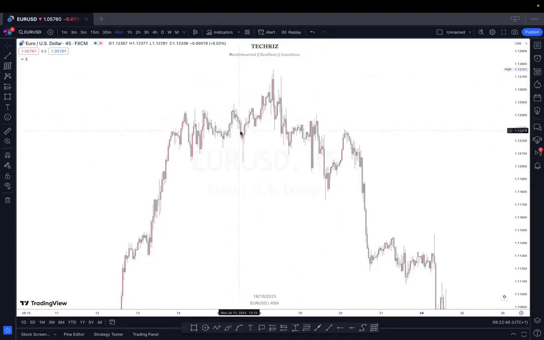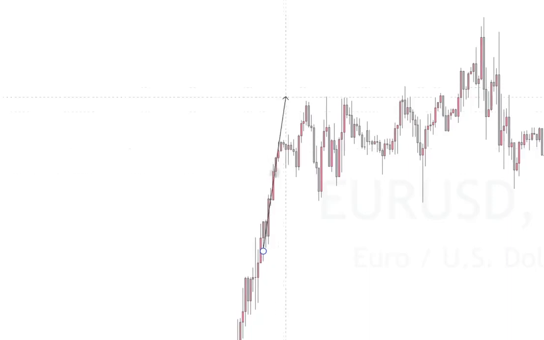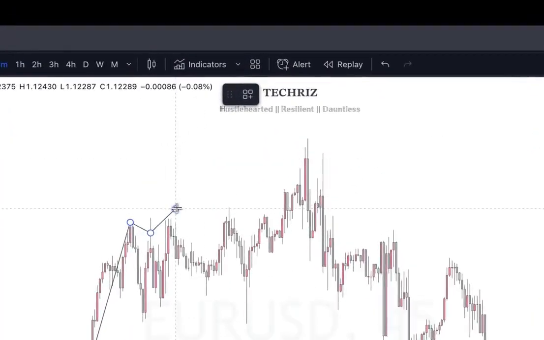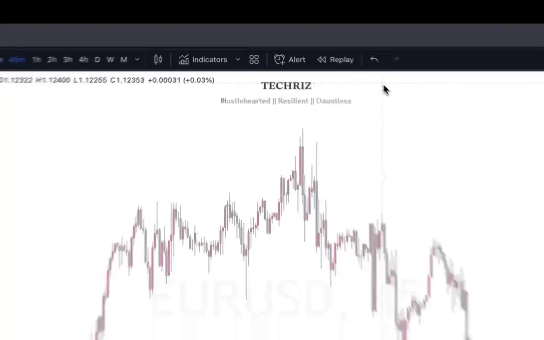Okay, so we can see a very interesting thing here. Now we need to note some zones. Now the market came from this particular level and created, in fact, wait, I think this is very confusing. Now remember what we said in our uptrend and our downtrend.